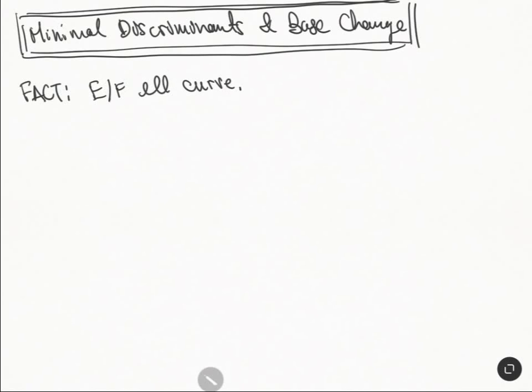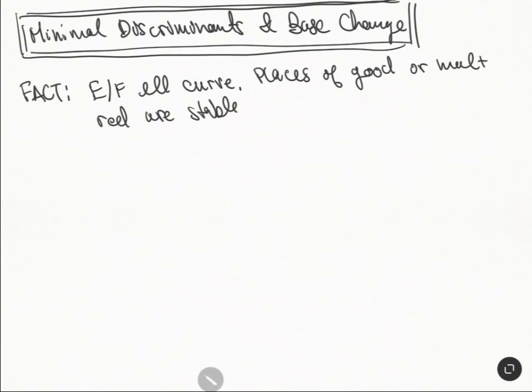And the thing that I want to say is that places of good or multiplicative reduction are stable under base change. So if I extend the field, you're not going to get worse, right?